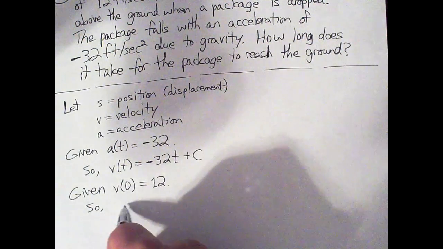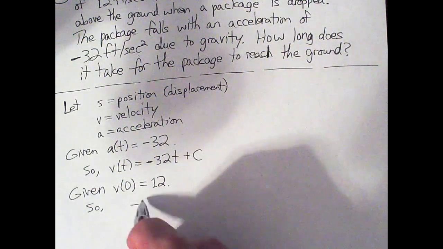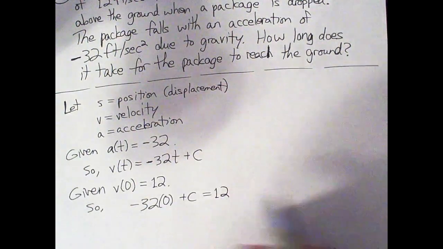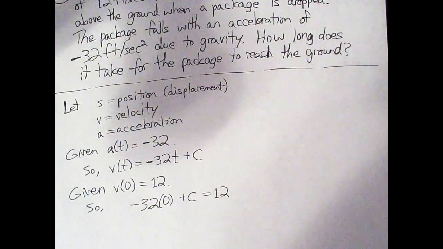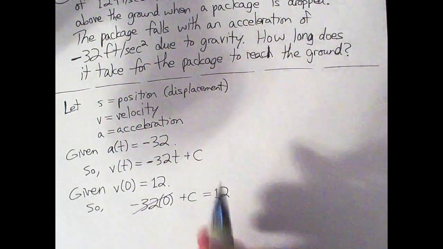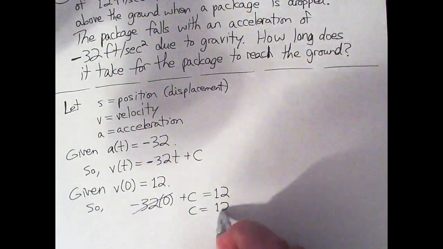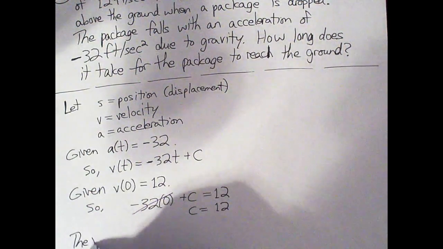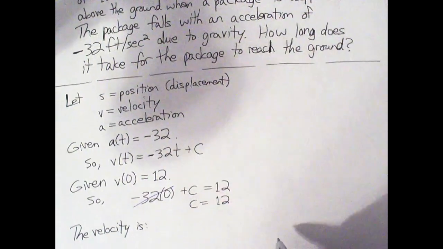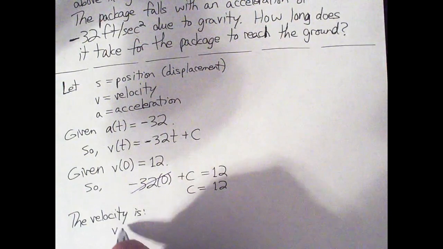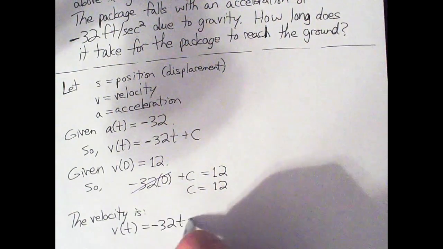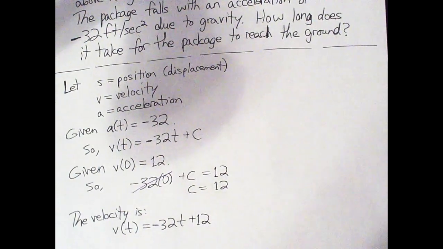So we get negative 32 times 0 plus c is supposed to equal 12. The 32 times 0 cancels, and we get c equals 12. So the velocity function is the velocity function that we found above with the c value that we just found. That is the specific velocity function.